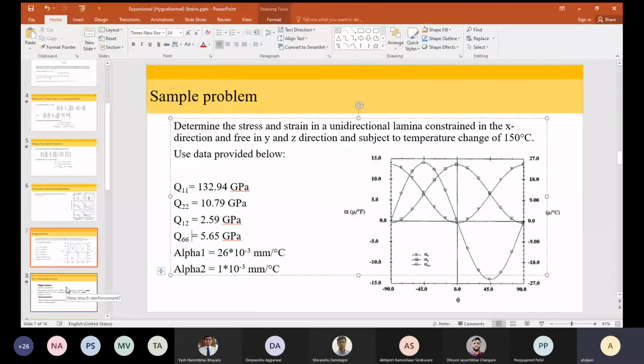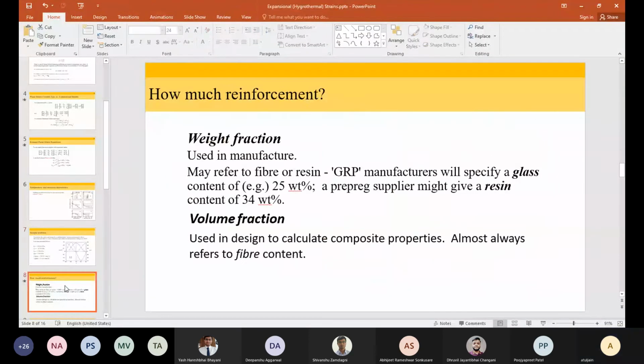So now this brings me more or less to the end of the solid mechanics recap, anisotropic elasticity, that I wanted to discuss. My next topic is, how do you quantify how much reinforcement is needed? For example, you can have what is known as weight fraction. Weight fraction is commonly used by the manufacturers.